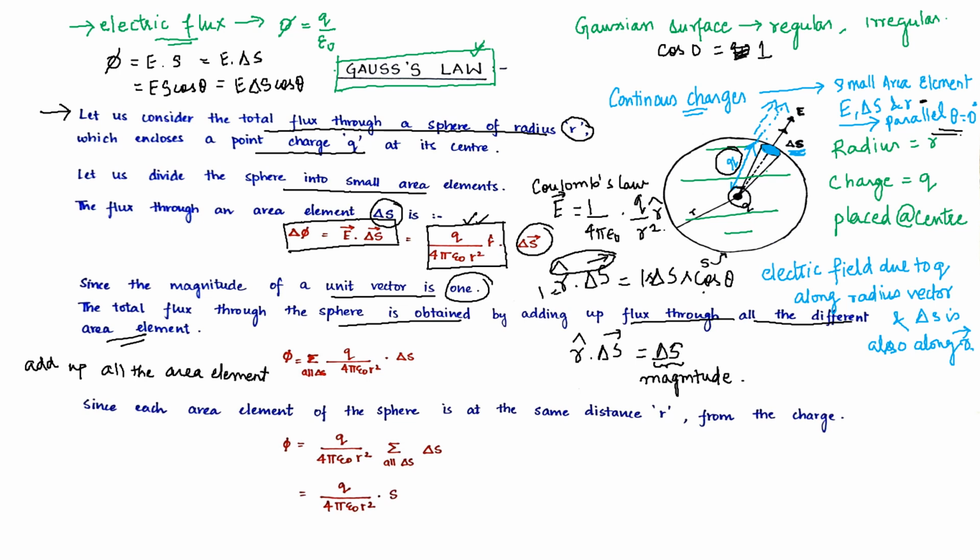We can take many such area elements like del S1 plus del S2 plus del S3 and so on up to del Sn, and if we add them, it will give us the area of the whole sphere. We will see it in the next step.